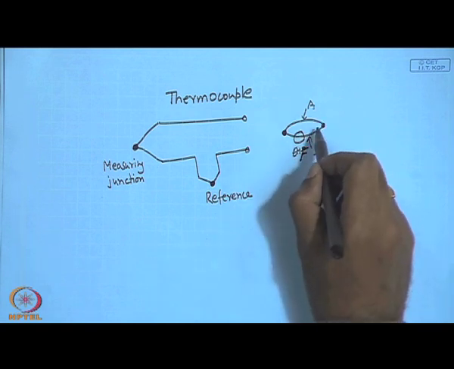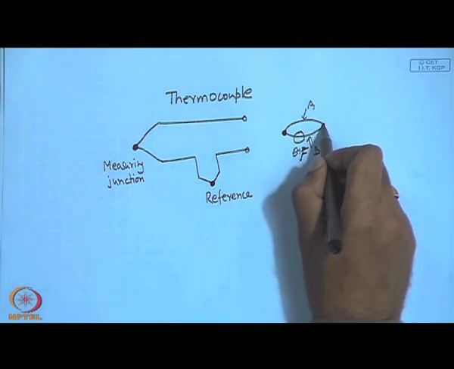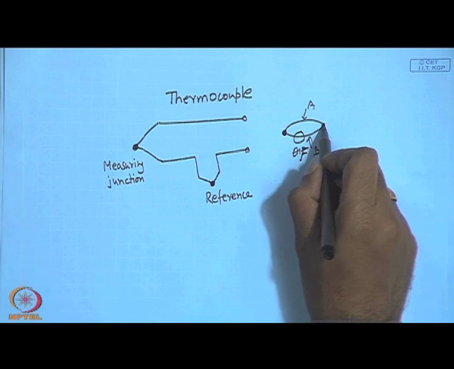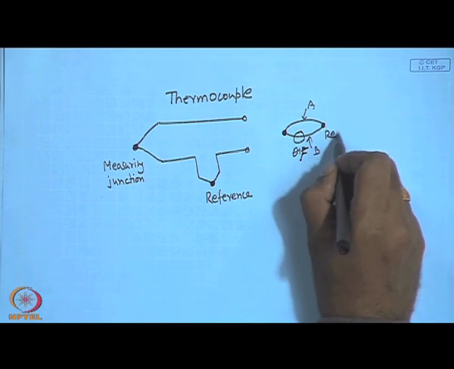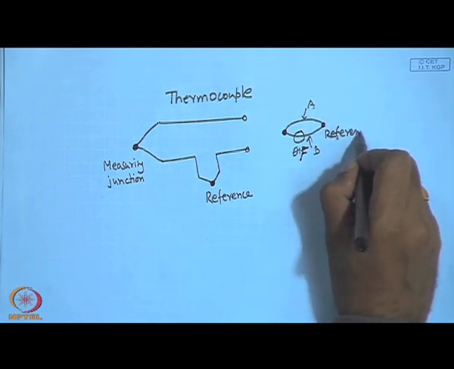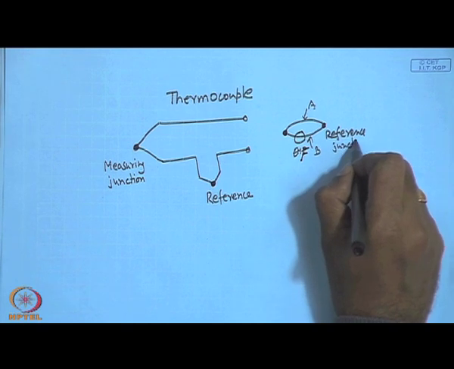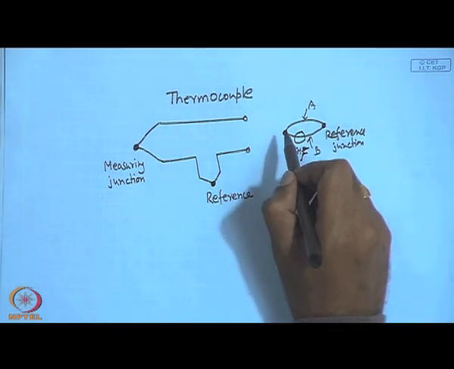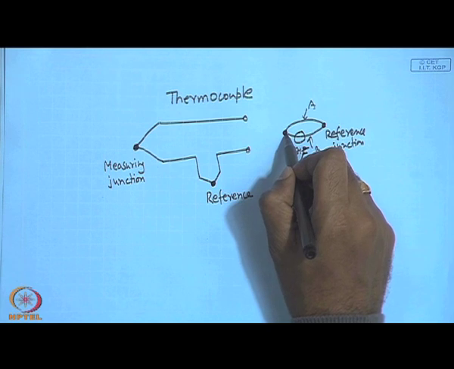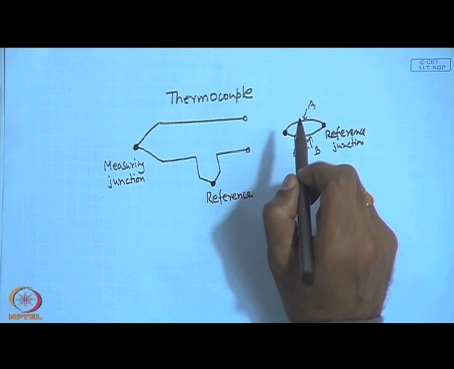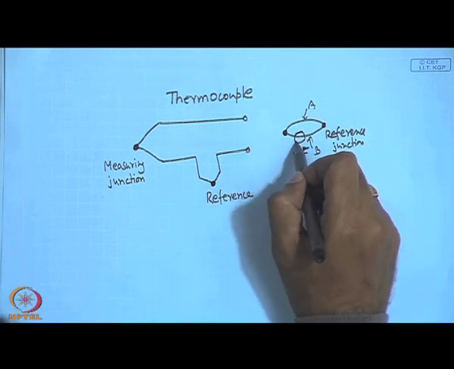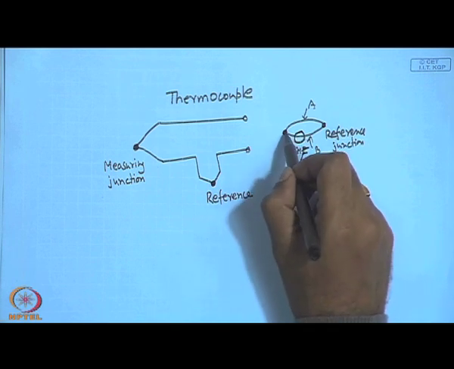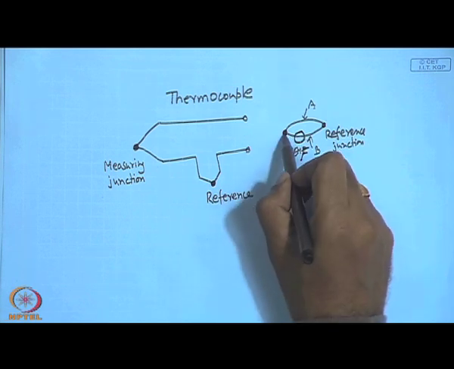So, now if I keep one junction temperature constant and call this as reference junction, and expose this junction, which I call measuring junction, to the measuring medium whose temperature I want to measure, then this EMF produced can be taken as a direct measure of the temperature.